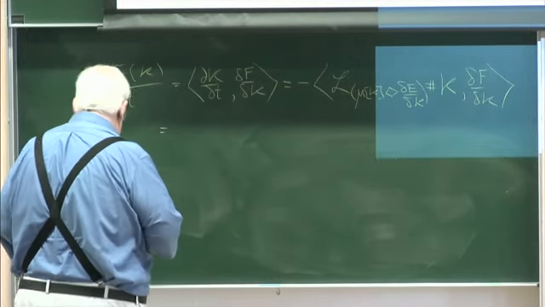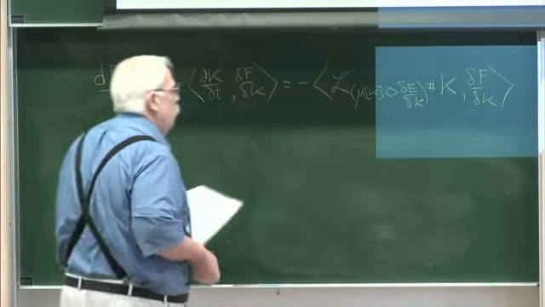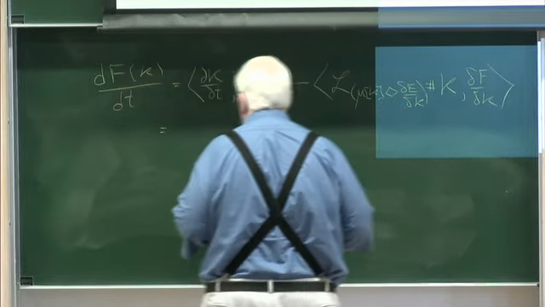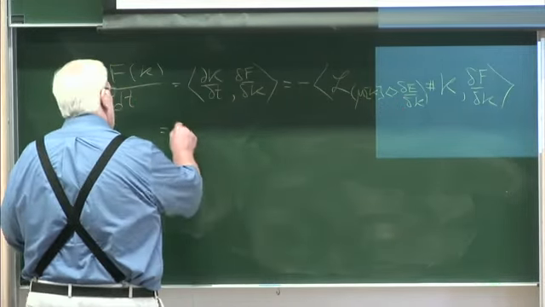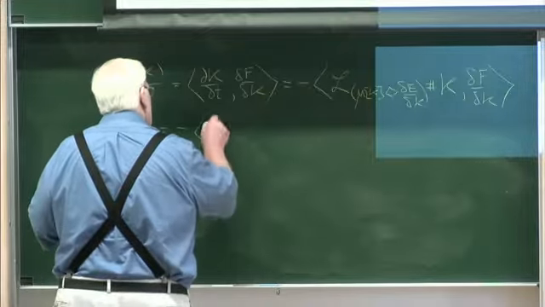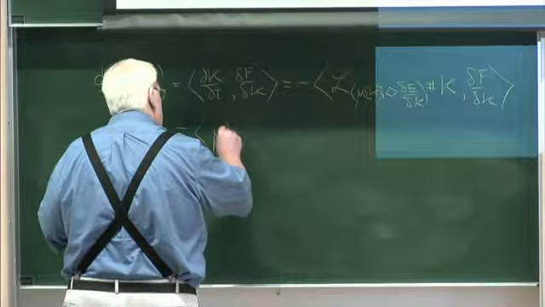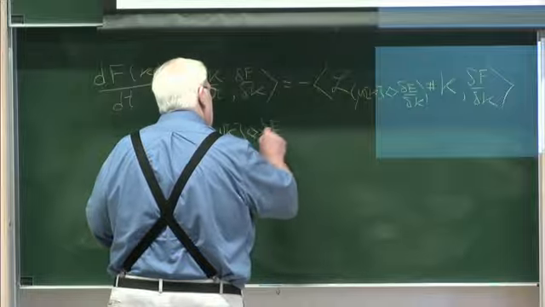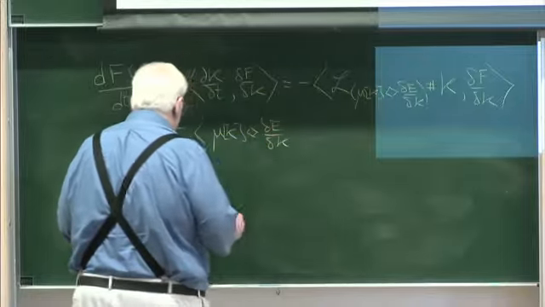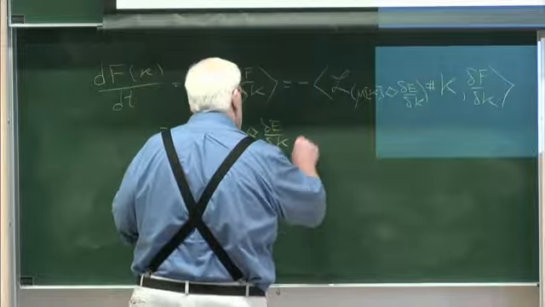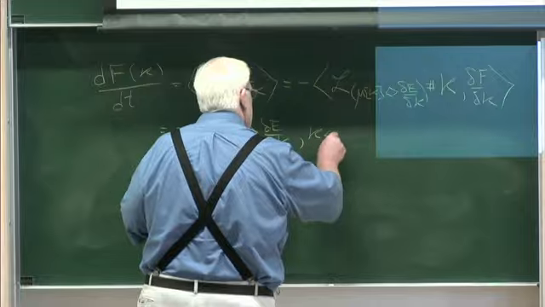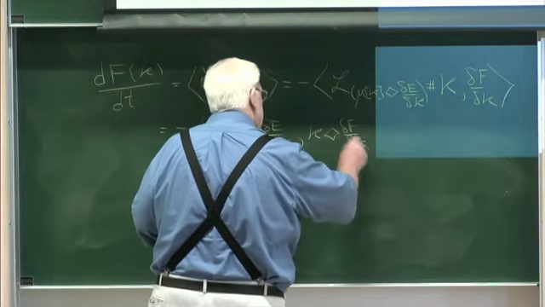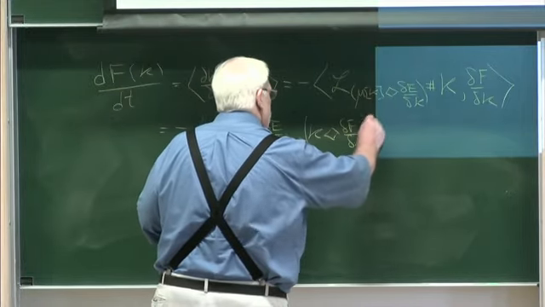So df dt. Oh yeah, we can use the properties of diamond now. There's this Lie derivative thing. We can put it over on the other side. And we'll get minus mu of kappa diamond delta E delta kappa paired with kappa diamond df d kappa, sharp.